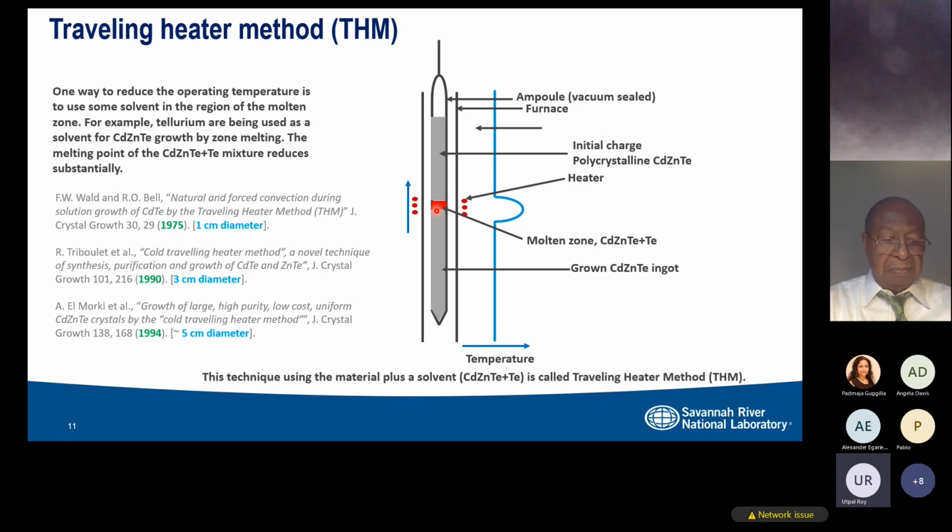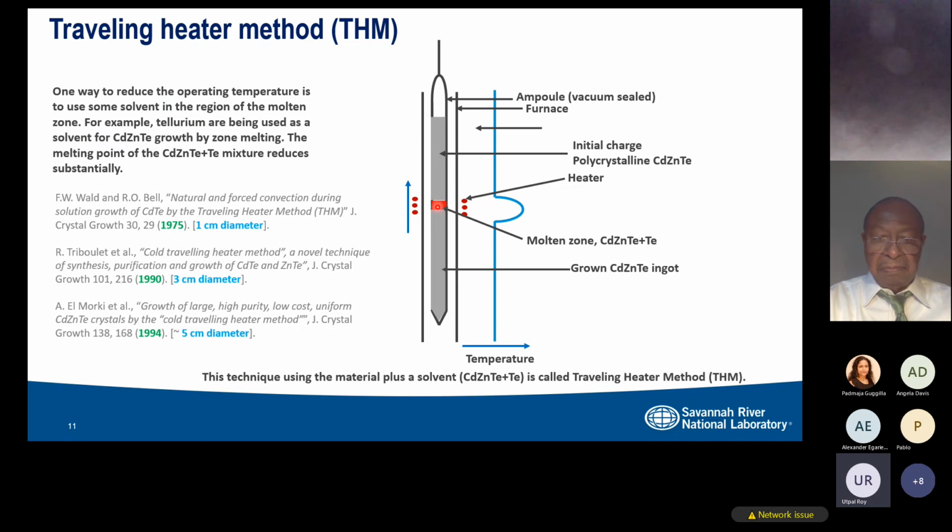So after some time, it keeps dissolving material from the top and depositing it at the bottom as we move the furnace up or pull the ampule down. The tellurium started over here, and after the growth run, tellurium moves over here, and we can grow the whole crystal from the tellurium-rich melt. So it is a solution growth technique.